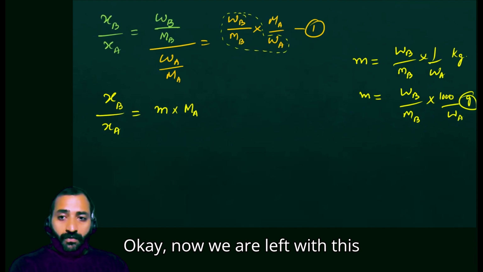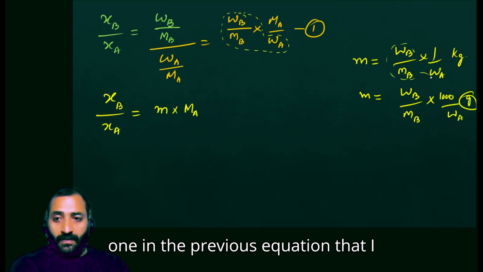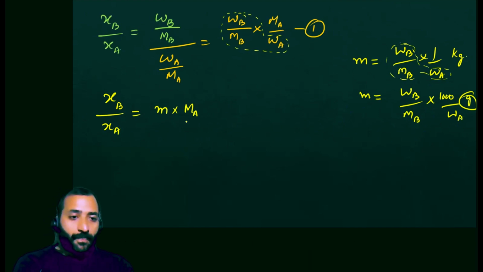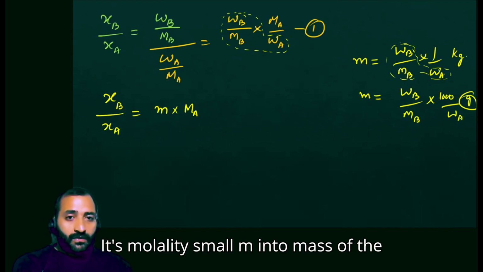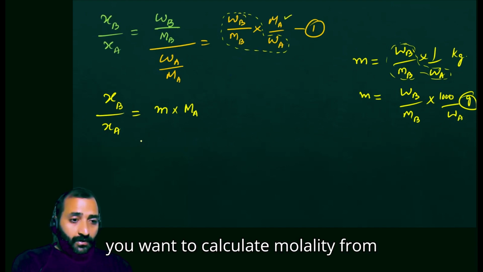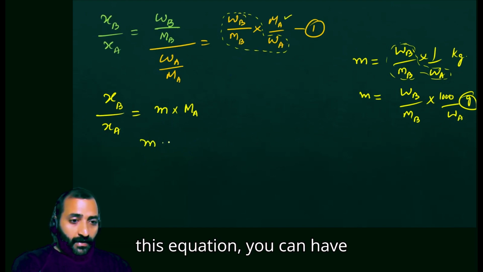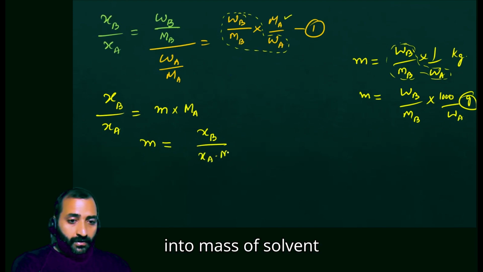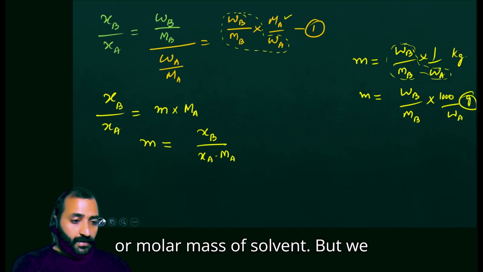Now we are left with this one in the previous equation that I marked as 1. It's molality small m into mass of the solvent. Now, if you want to calculate molality from this equation, you can have small m is equal to Xb divided by Xa into molar mass of solvent.